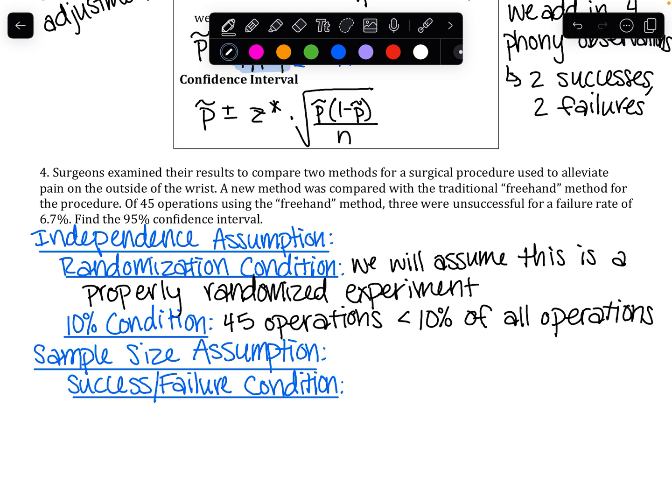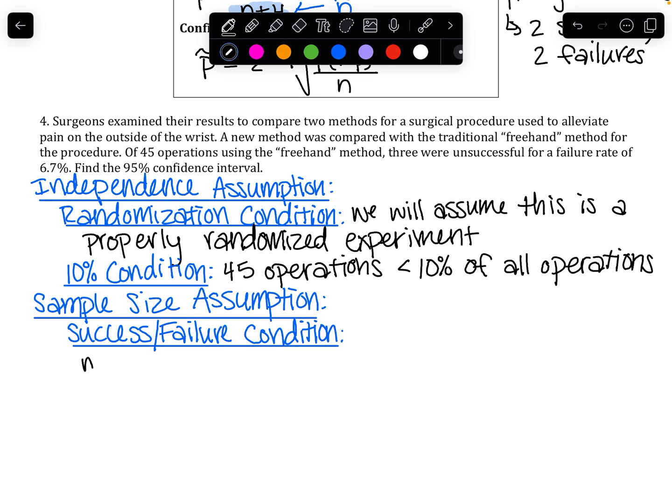So for success failure here, I'm checking n p hat. And it says that there were 3 that were unsuccessful. And n times 1 minus p hat would be 45 minus 3, or 42. That one's fine, but this one is not. It's less than 10.